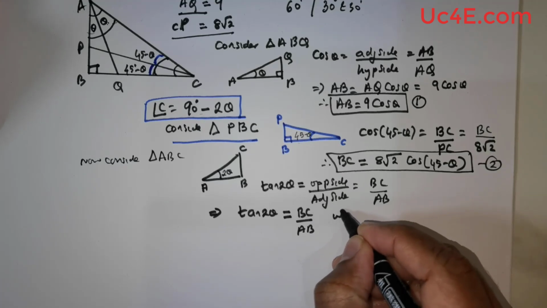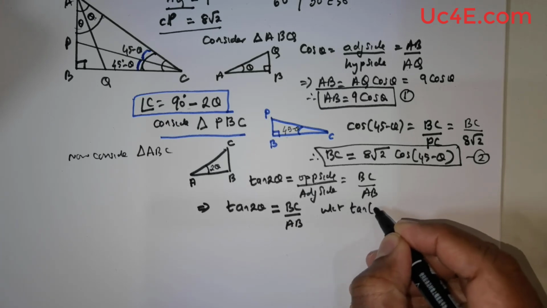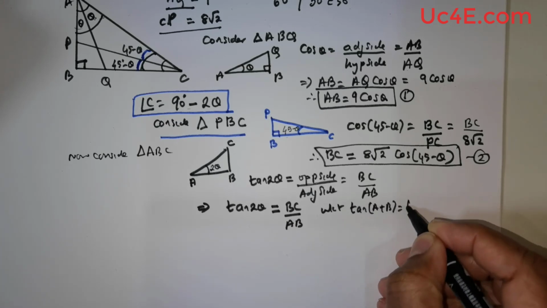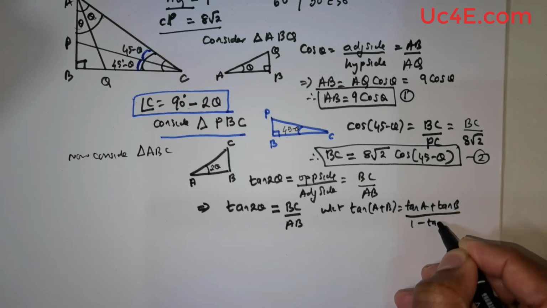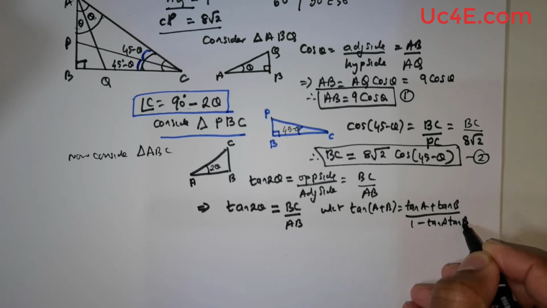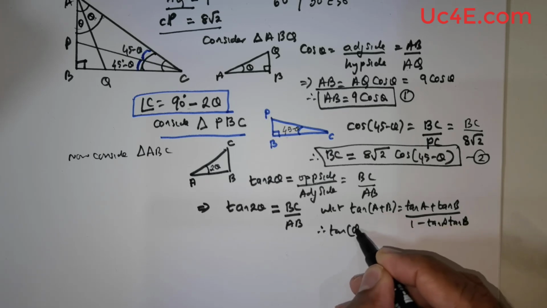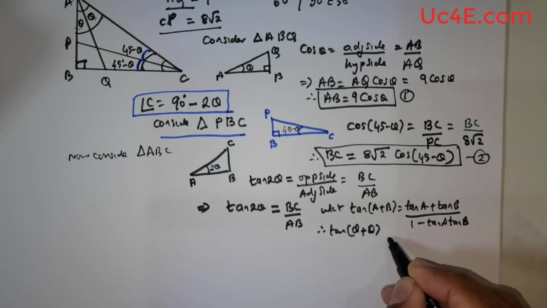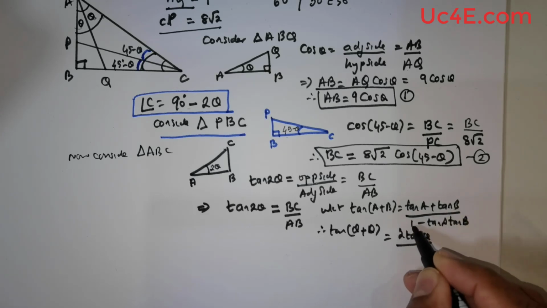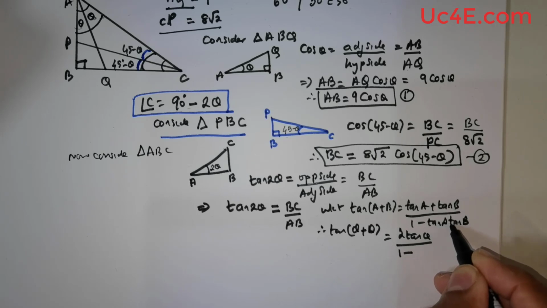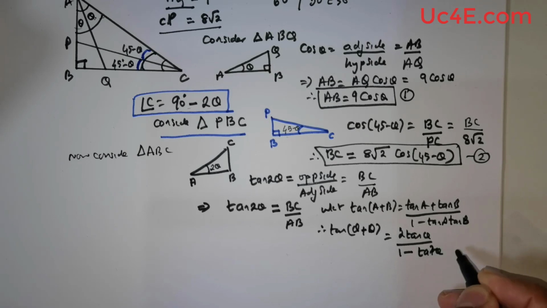Now we know a very important formula involving tan: tan of A plus B is equal to tan A plus tan B divided by 1 minus tan A times tan B. In this case, in place of A we have theta, plus theta. So this is tan theta plus tan theta, which is 2 times tan theta divided by 1 minus, A is theta, B is theta, tan theta times tan theta is tan squared theta.